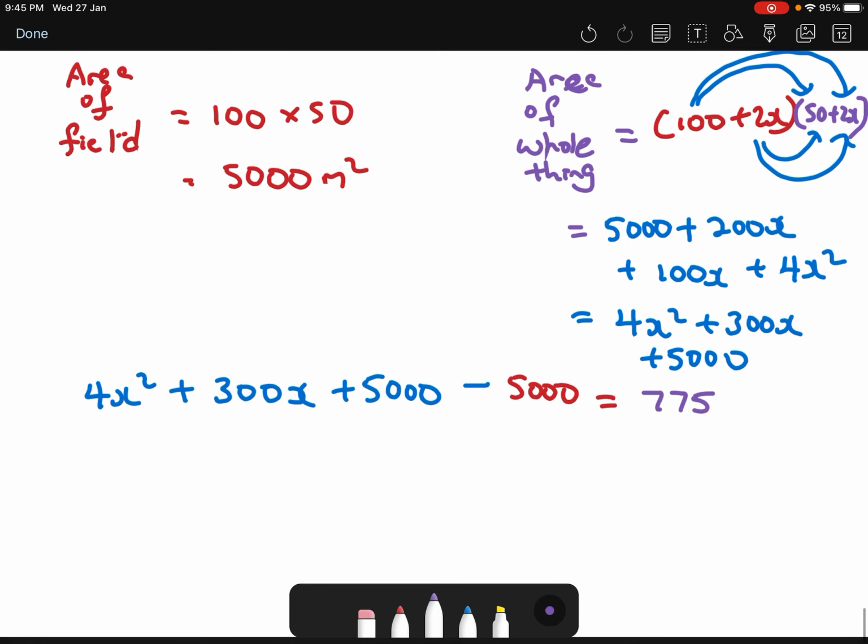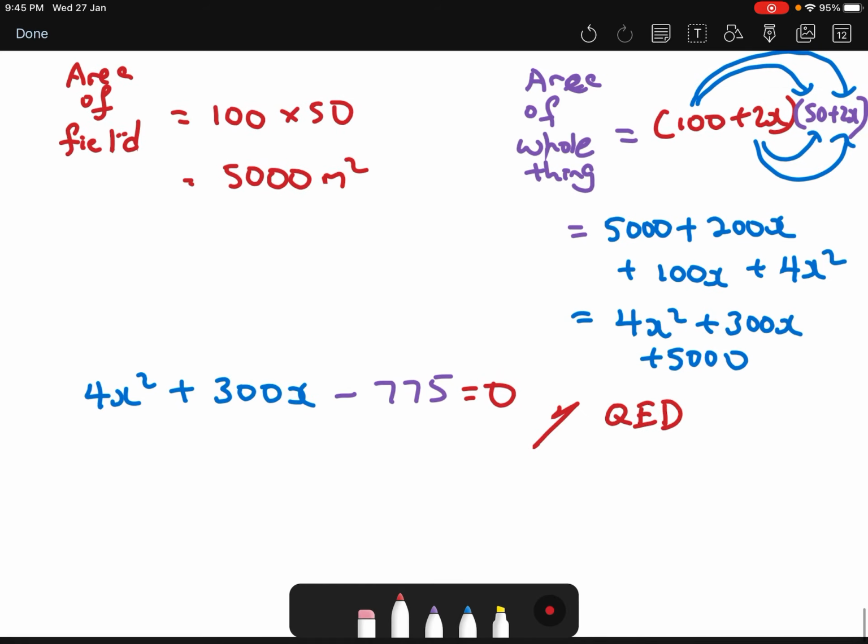Simplify again: the 5,000 minus 5,000, just get rid of this. Of course 775 moves to the left hand side, and when you move, you must add a negative. So this equals 0. This is our equation. If we form our own equation, we will be given the majority of the marks already. Now the only thing left is to solve the equation.